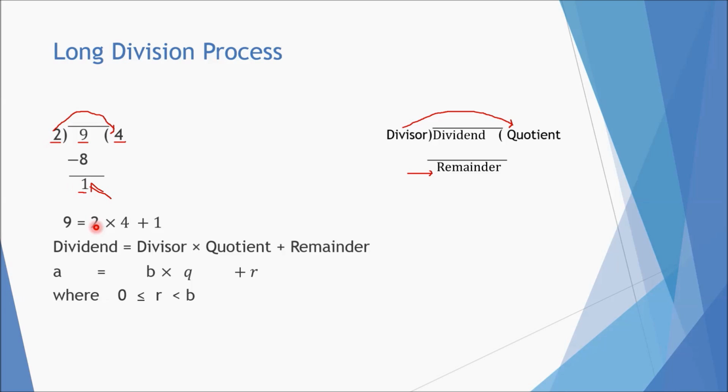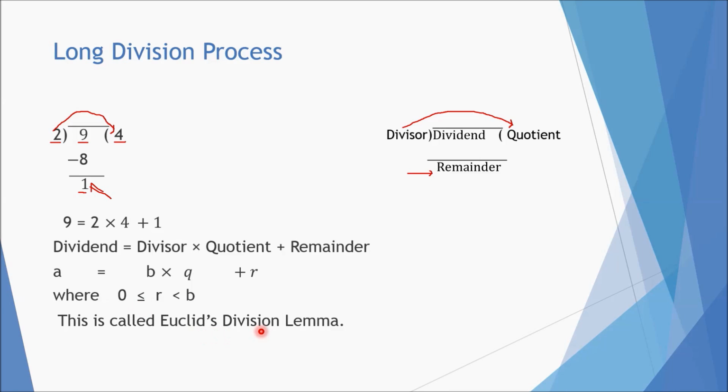So it must be kept in mind that this remainder is always greater than or equal to 0 and always less than B, where B is the divisor. I think you have now understood that R will always be less than B and always greater than or equal to 0.